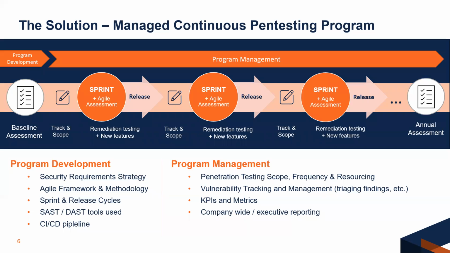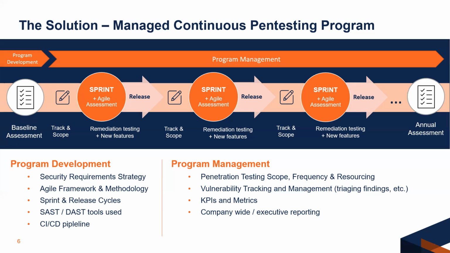This diagram is a slightly different view of continuous pen testing, but it illustrates how the program can be designed to integrate into an organization's existing agile processes. While the annual or baseline pen test is being executed, the program team would conduct a discovery workshop to understand more about the organization, such as their security requirements and processes, agile framework and methodology used, sprint and release cycles, and so forth.